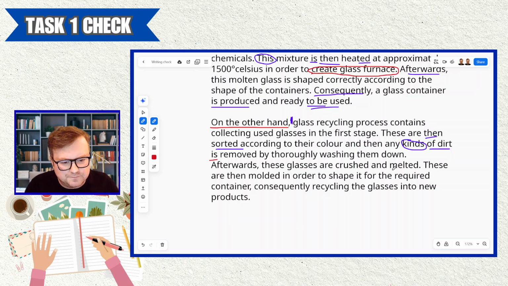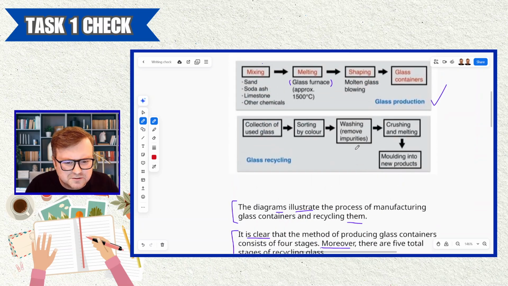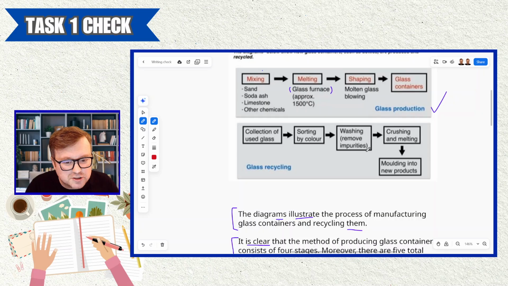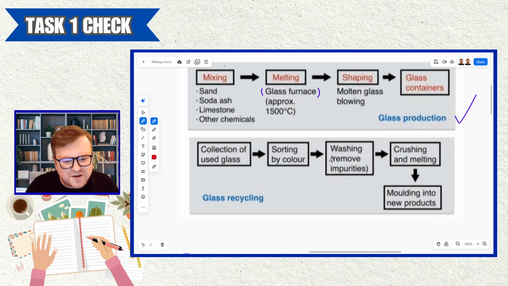And I don't know about kinds here. Kinds of dirt. You could just say, dirt is removed, but I don't even know if it's dirt. Is it? I guess we could be generous and charitable with the definition of the word dirt.